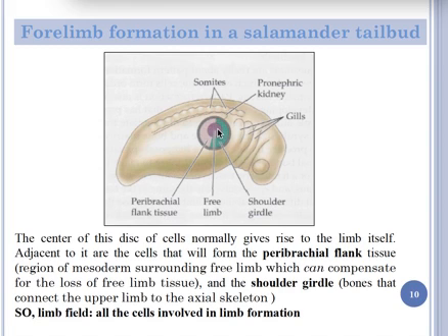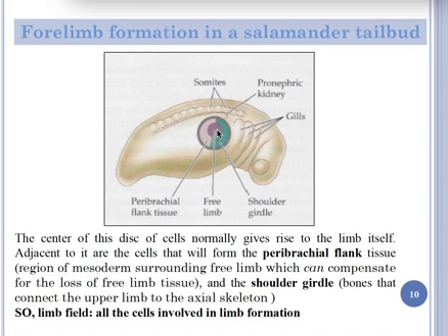But this free limb is flanked on each side by cells called the peribrachial flank tissue. This tissue is a region made of mesoderm surrounding the free limb, and this region is known to compensate for the loss of any cell present in the free limb, because this region is highly important for the formation of the limb.